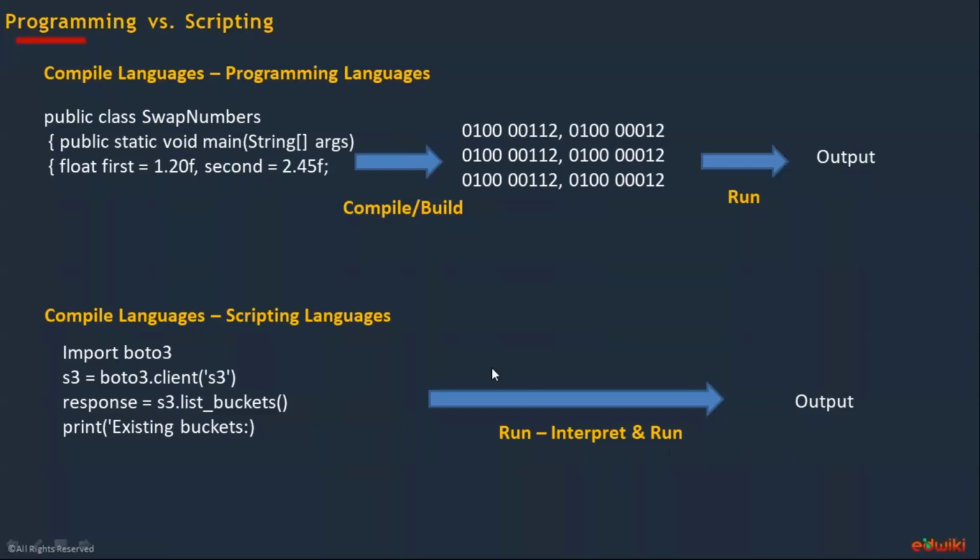Getting me? So if you are writing the code using programming languages like Java, then there are two steps that you need to follow to get output. Step one, you need to do the build. Step two, you need to run that build file. Getting me? If this is a scripting language, then it's a one-step approach. First, you write a code, you just run the code. That's it.